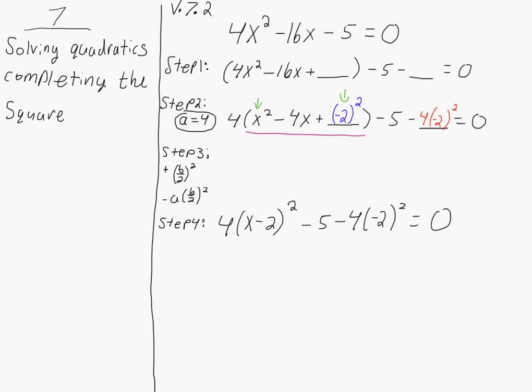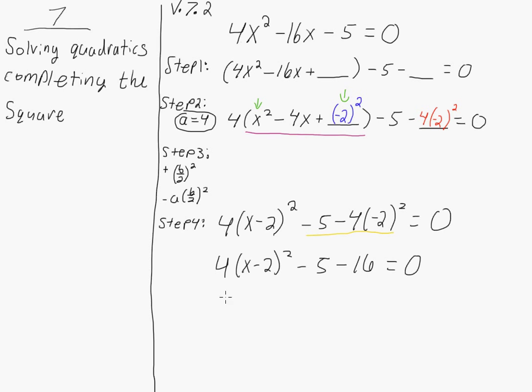Okay, I'm going to simplify these outside terms here. When you go to simplify this, you have negative 2 squared is 4. 4 times 4 is 16. So this is 4, open parentheses, x minus 2 squared, minus 5 minus 16 equals 0.